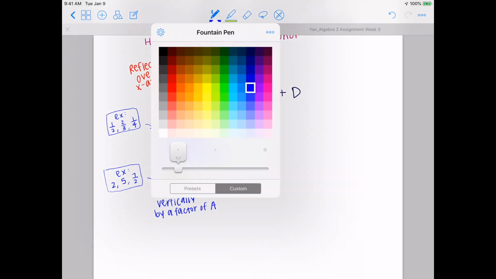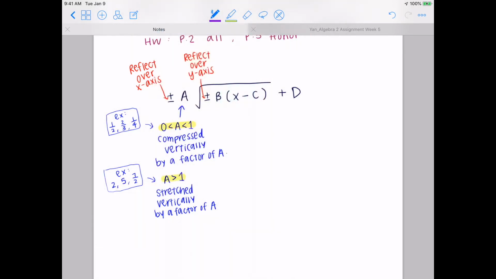Okay, let's talk about b. If it's inside the square root or inside the radical, most of the time you have to do the reciprocal of it, or the opposite. Let's talk about c first, because I think most of you should remember this.